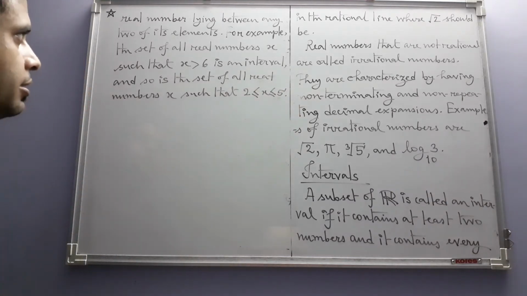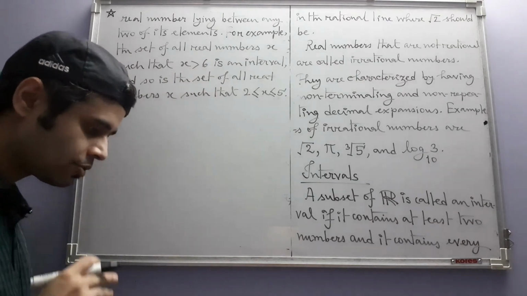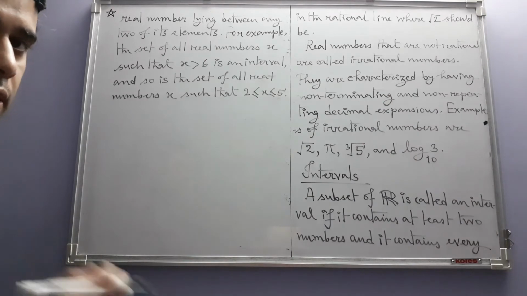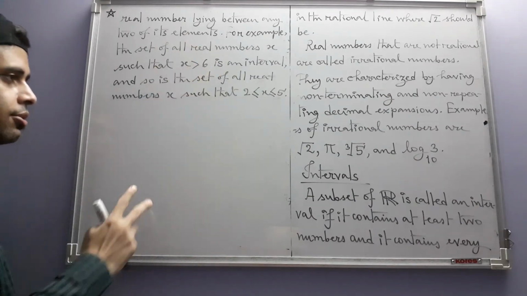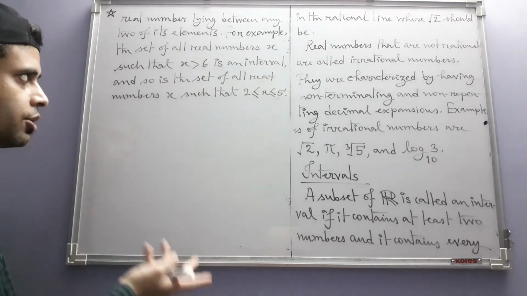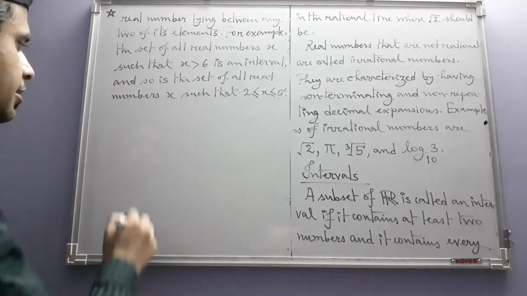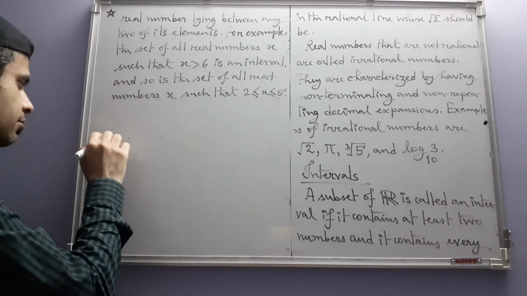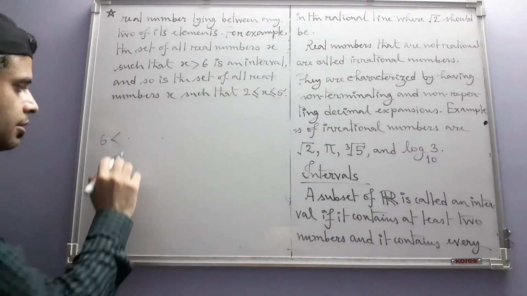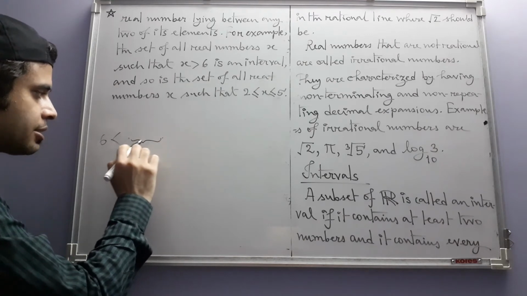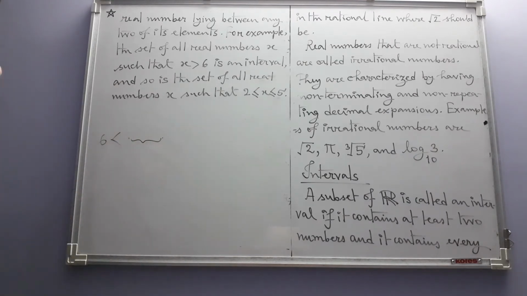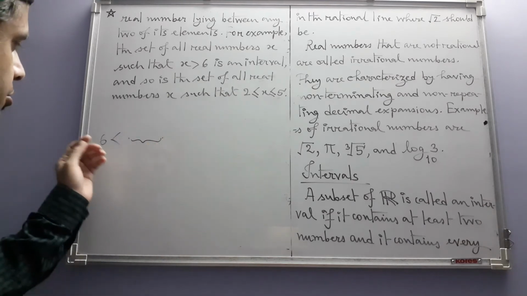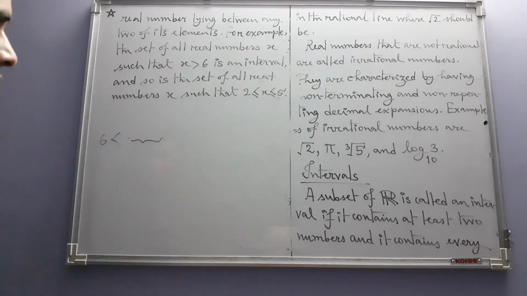So what we are saying here is that the set of all real numbers greater than 6 is an interval. Clearly this set contains at least two numbers, for example 7 and 8, and if you take any two numbers in this set that are greater than 6, then all the numbers lying in between these two numbers are also greater than 6. That means they also belong to the set. So this is an example of an interval.